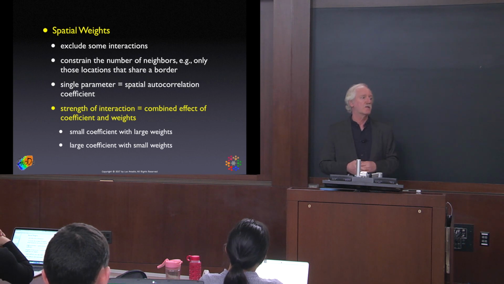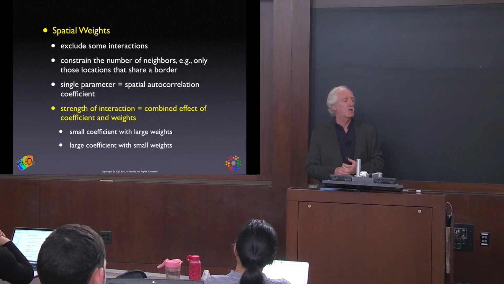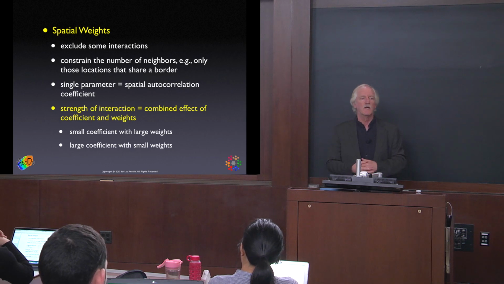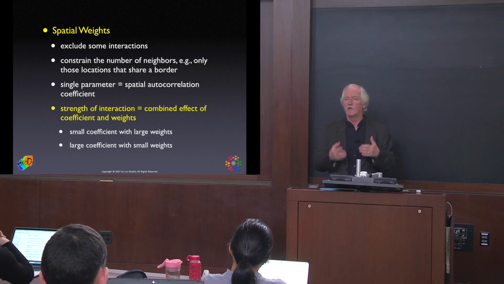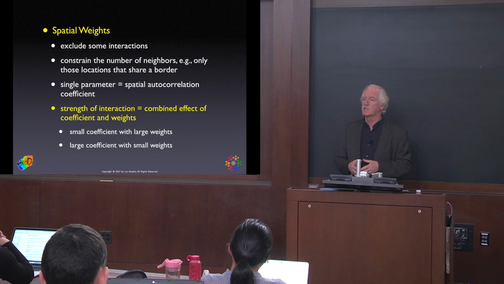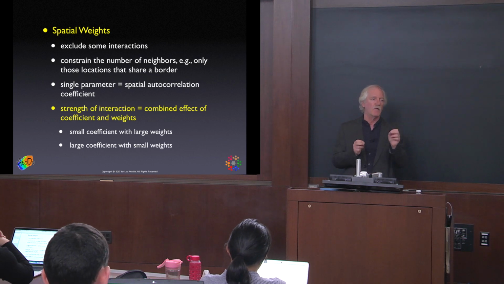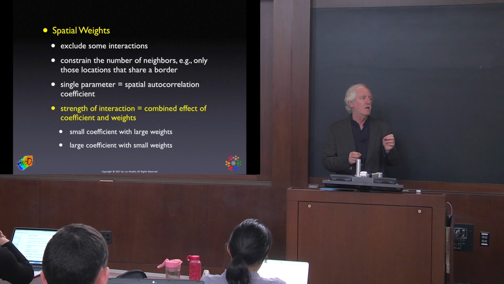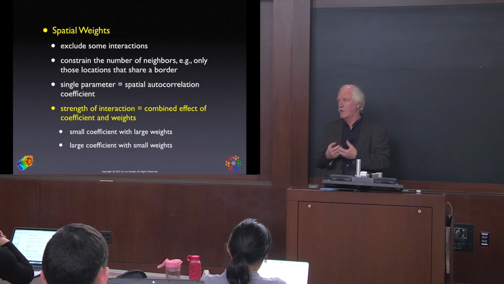Whereas in the linear models that we will be dealing with initially, that would be insignificant. You would want to have 0.5 or 0.6 as a magnitude. So the magnitudes of these coefficients by themselves don't mean anything if you don't know what's in the weights. It's the two together that give you a sense of what the interaction is about.